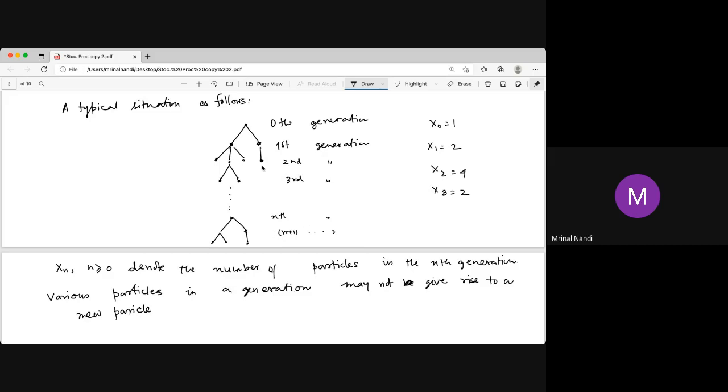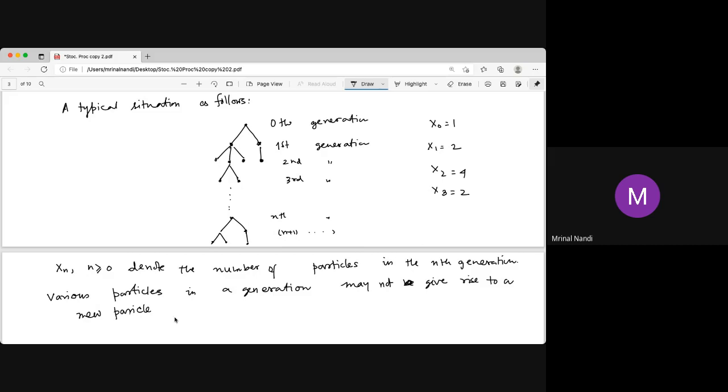Sometimes the next generation particle is called a child, and the previous generation is called the parent. And the particles from the same parent are called siblings. These are the terms: sibling, parent, and child. So this and this are siblings. This and this are the same generation but not siblings.